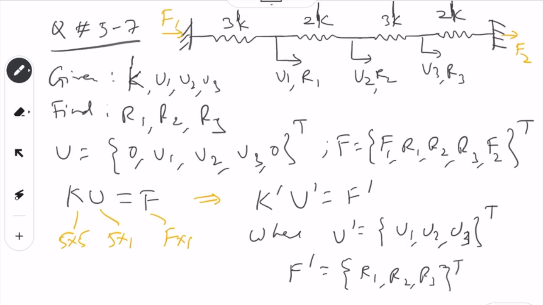So basically we just multiply k dash to u dash, where u dash is known. Basically we just have to find k dash, and k dash corresponds only to these nodes. So we find what the stiffness matrix is at this node, and due to this one what is on this node, and so on. That is what we have to do.